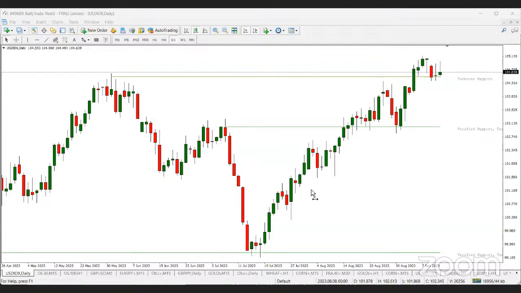You understand? This is the daily time frame. We're looking at the trend on this daily time frame. Price is making higher lows and higher highs to tell us that price is on an uptrend. And for a couple of days, price has made another low, but this low is against a support.